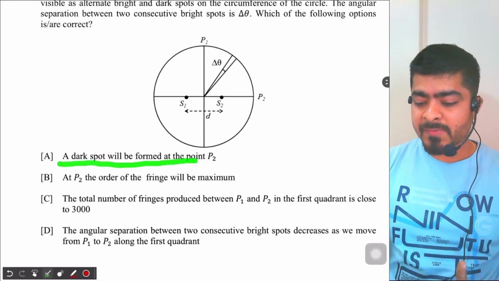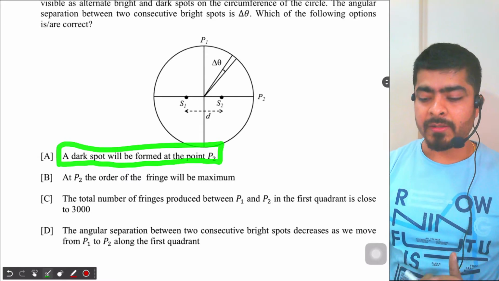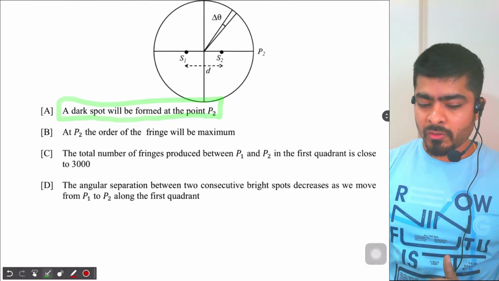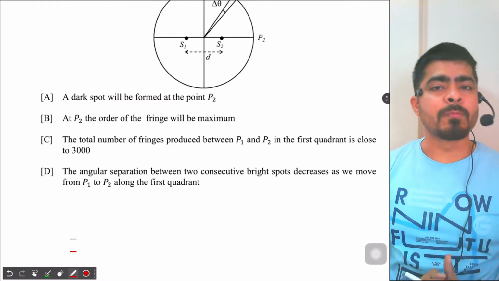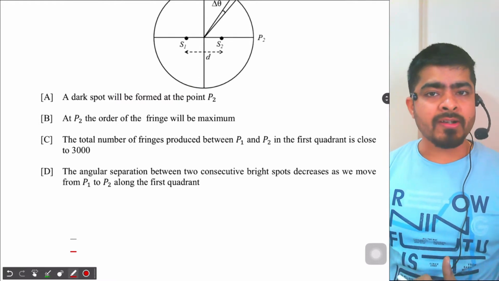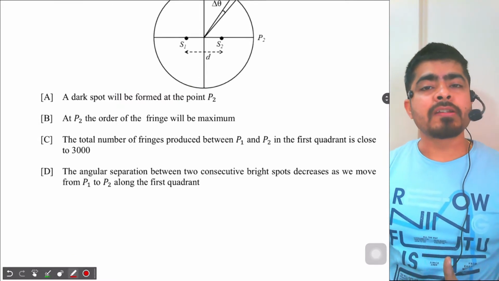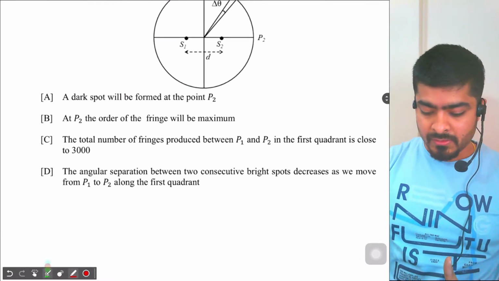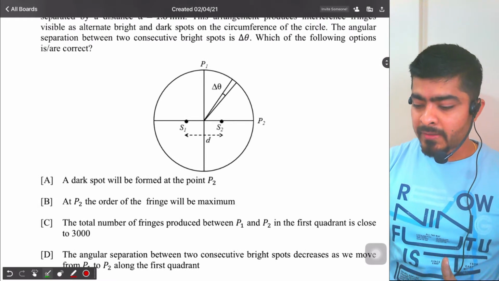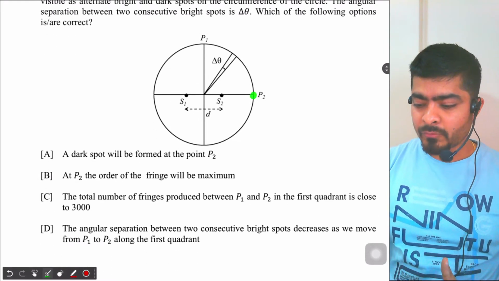A dark spot will be formed at the point P2. Now we know that for constructive or bright fringe, the path difference should be a multiple of wavelength, and for destructive or dark fringe, the path difference should be an odd multiple of half wavelength. So let's look at the path difference at the point P2.